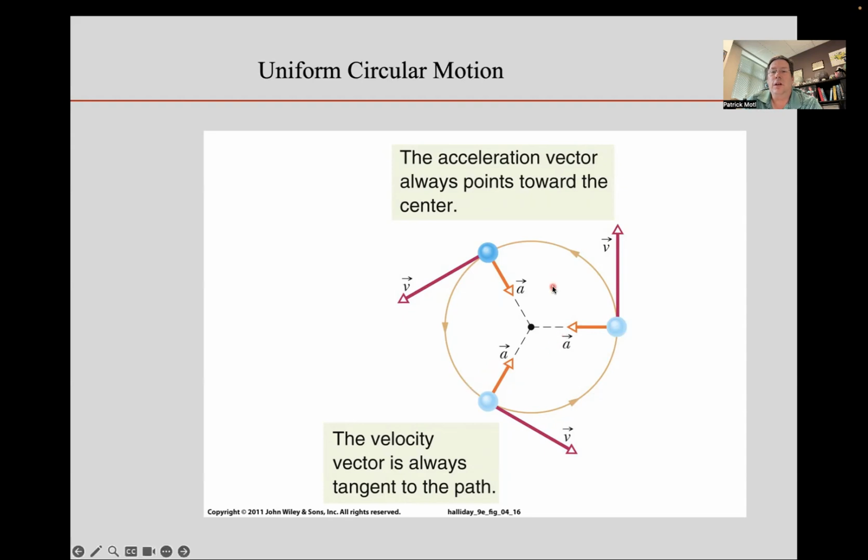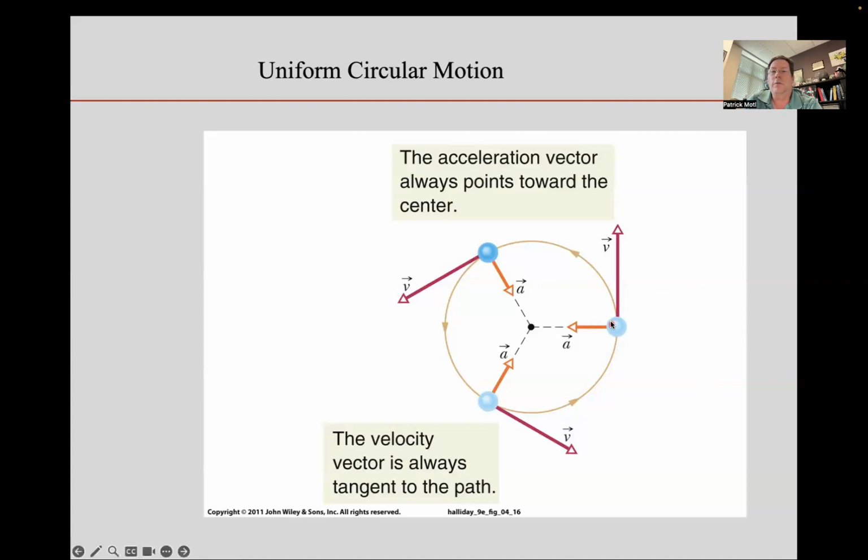The velocity vector is changing due to an acceleration, and the acceleration is only in towards the center of the circle. Some textbooks will refer to this as the radial acceleration because it's in the inward radial direction. The more typical term is the centripetal acceleration, where centripetal means center seeking.